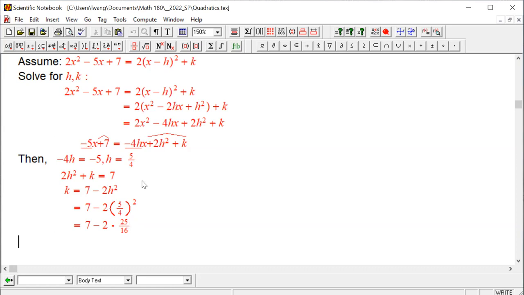I know you guys love fractions. That's great. So 2 times 25, the top is going to become 50. Now we're going to find a common denominator. 7 is going to be 7 times 16/16.